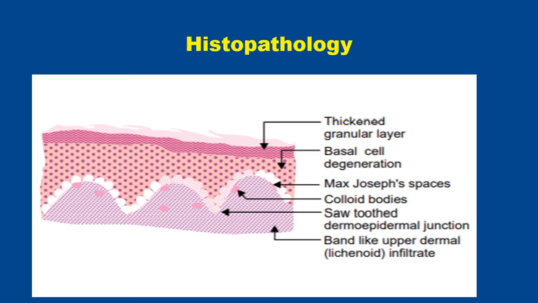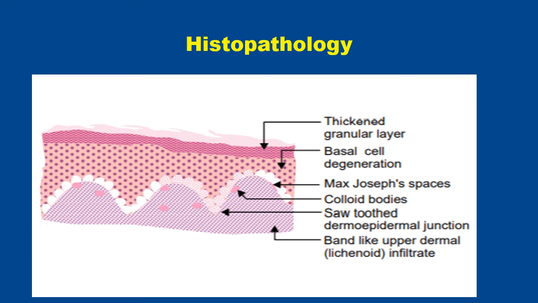Now coming to the histopathology of Lichen planus. Any patient who is a suspect for Lichen planus, we need to do a biopsy to confirm the diagnosis. After the biopsy, the specimen is subjected to pathology processing. The findings revealed are a thickened granular layer.